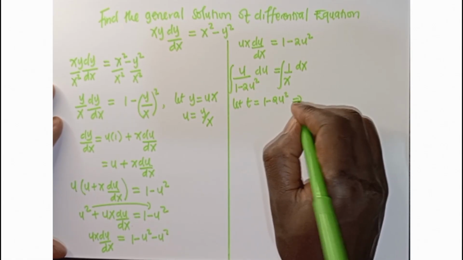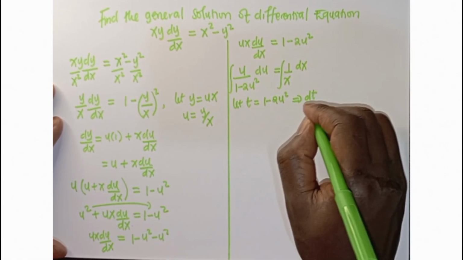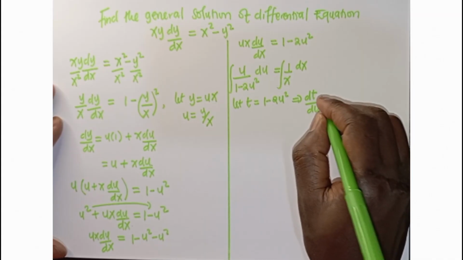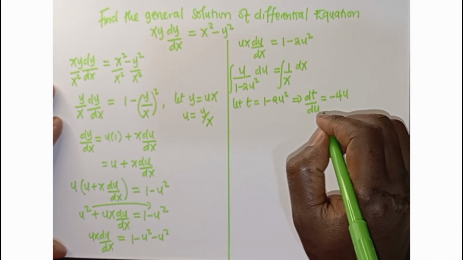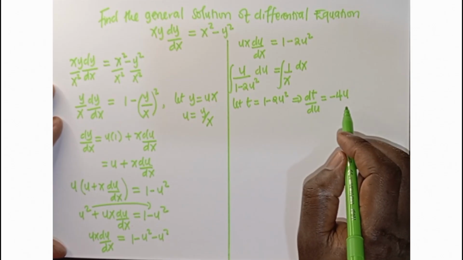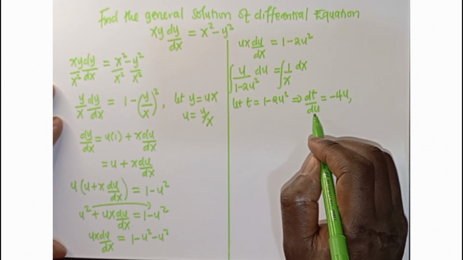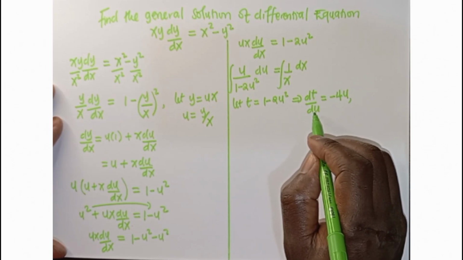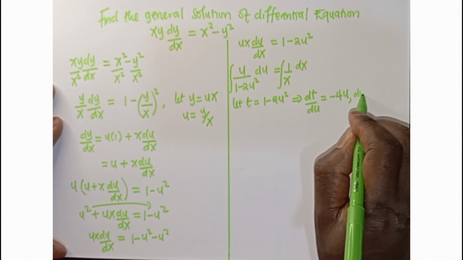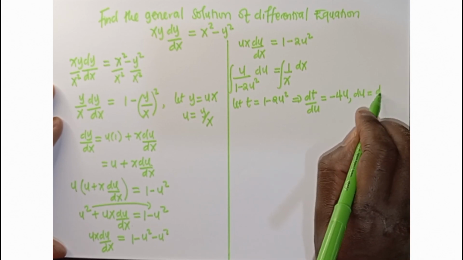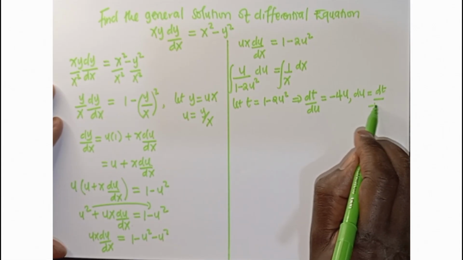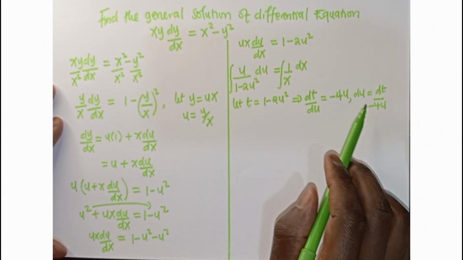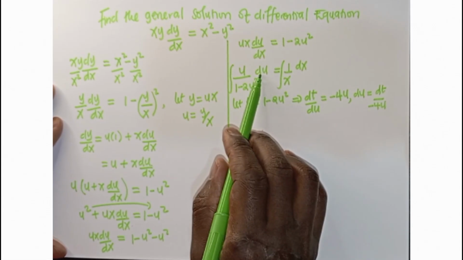Now when you differentiate t with respect to u, you'll have negative 4u. So you can make du the subject. When you make du the subject, you'll have dt out of negative 4u.